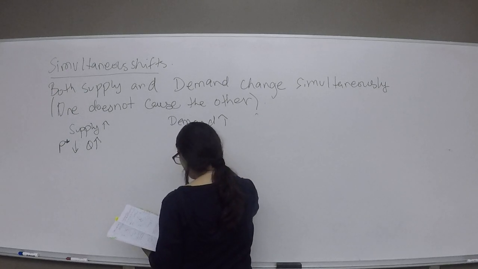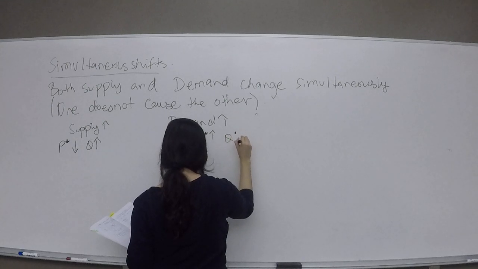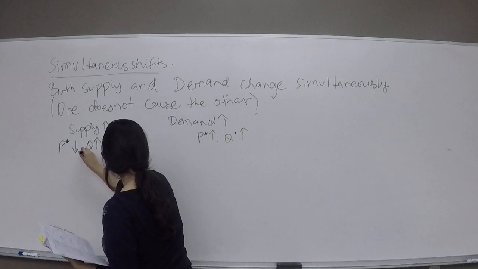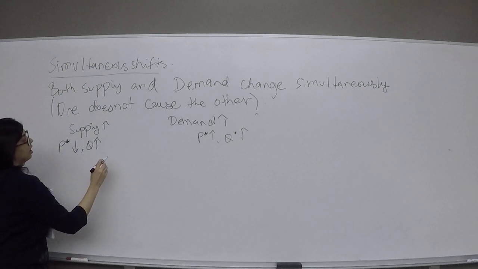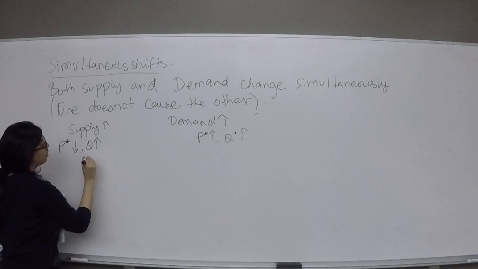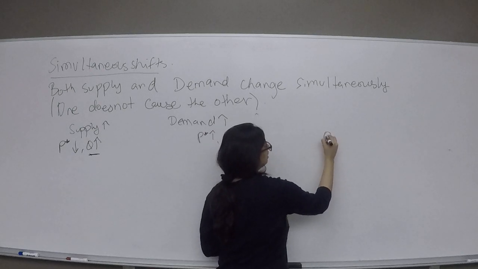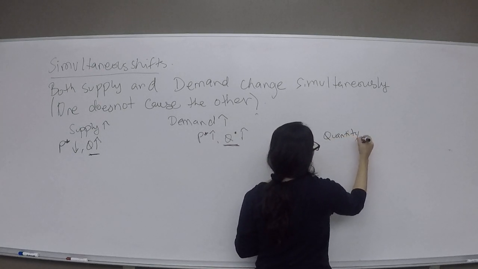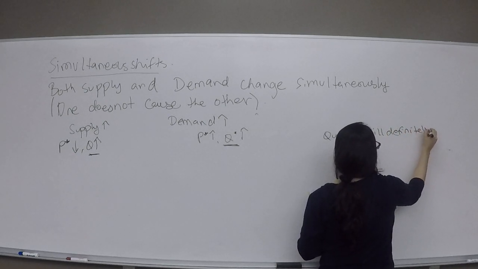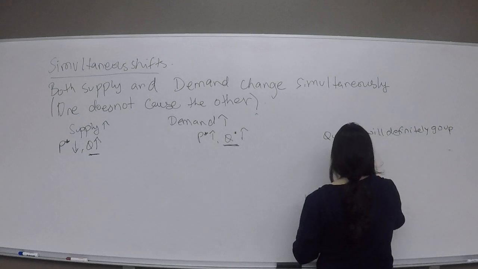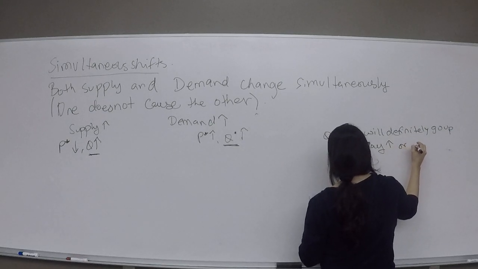And usually when demand goes up, your price goes up and your quantity also goes up. So in this case, if they're both happening simultaneously, quantity will definitely go up. Price may increase or decrease.